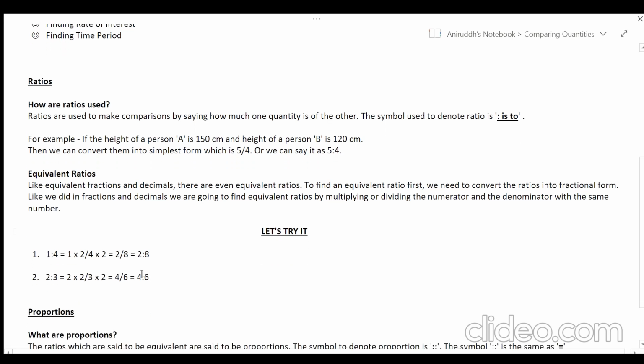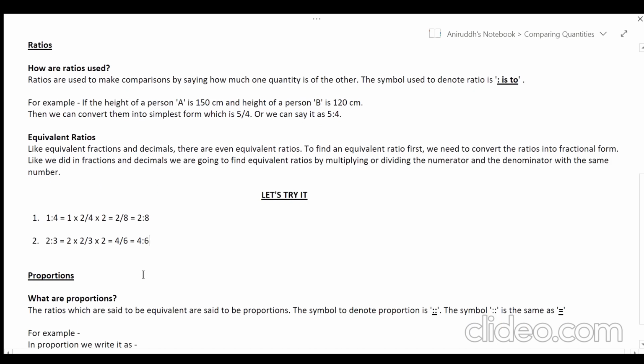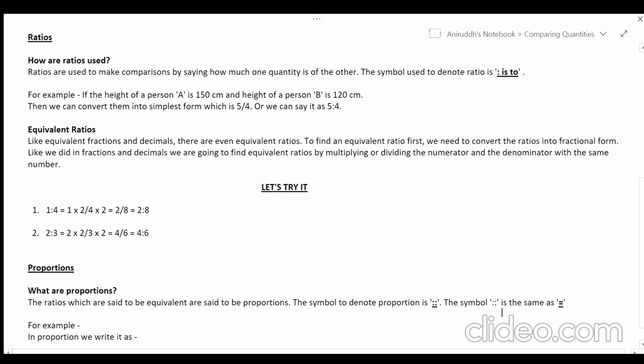Now we will move on to proportions. What are proportions? The ratios which are equivalent are said to be in proportion. The symbol to denote proportion is the double colon, which is the same as the equal to symbol.